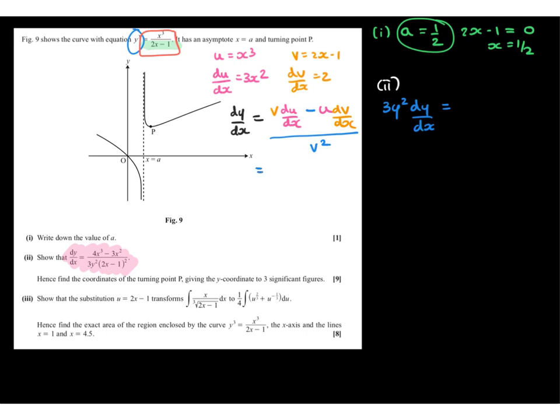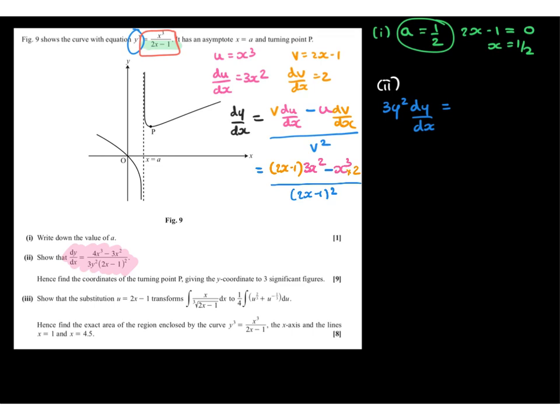So really easy, let's just follow it through. So we have 2x minus 1 multiplied by 3x squared, minus x cubed multiplied by 2, and then all over v squared, which is 2x minus 1 all squared.